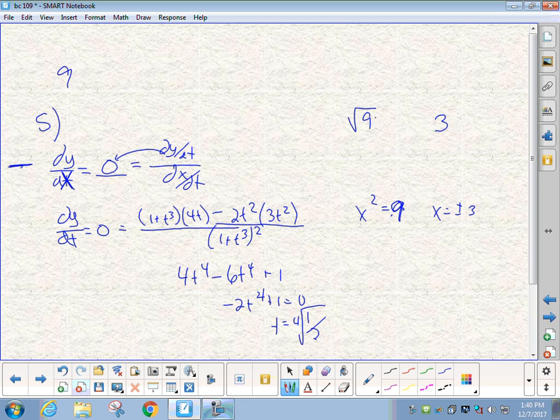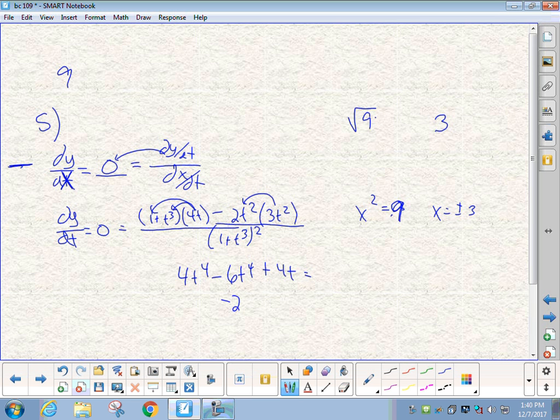Oh, this has a 14. Sorry, this isn't 1. This is 14. So 14t to the 4th minus 16t to the 4th plus 14t.